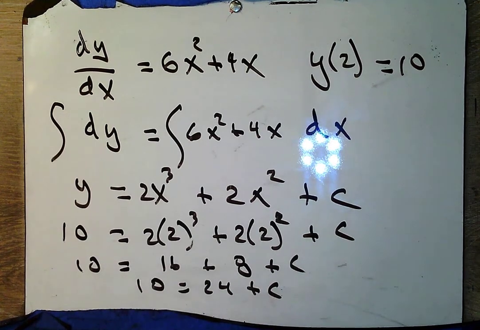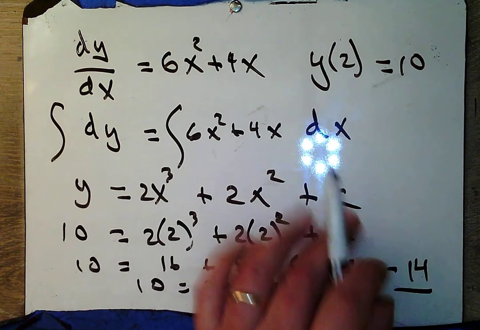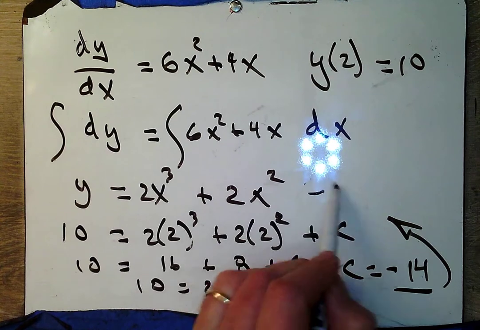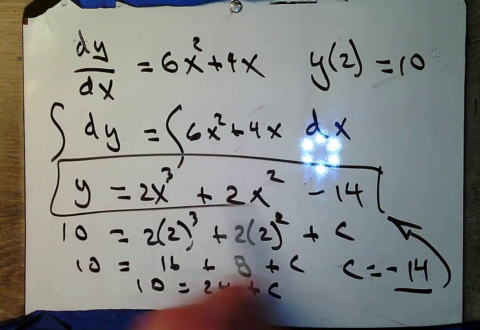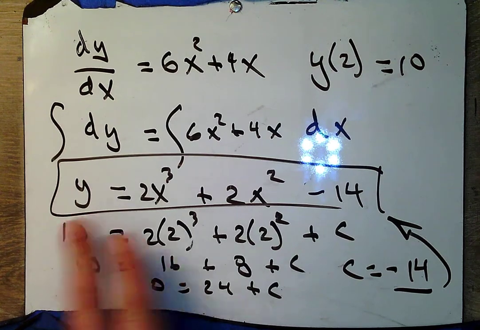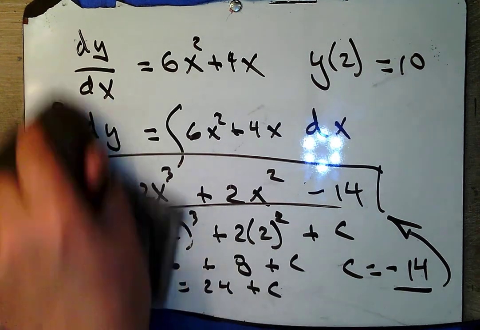Subtract 24 from both sides, giving me negative 14 for c. So that has to get plugged back in here. And there's my specific solution to this differential equation. Please do not box your answers.